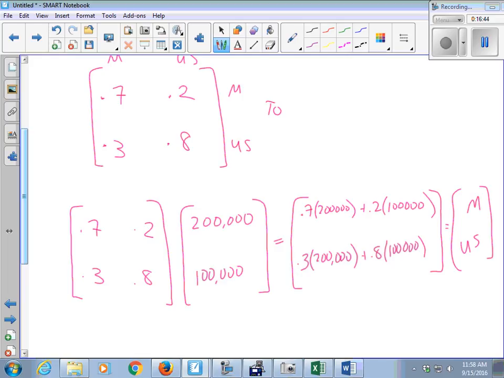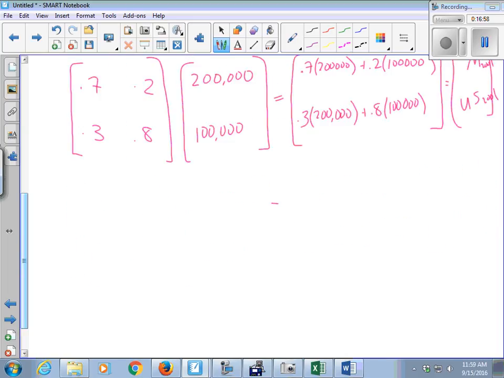It gives you the new US population. So this is 2001, 1 year later. That's going to come out to 160, 140.